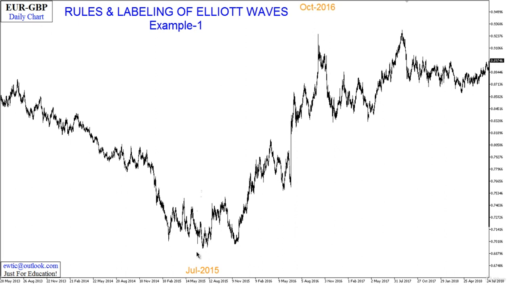You can see this trend from this low formed in July 2015 to this high formed in October 2016. We have an impulse wave here. From this bottom we have an up move, a down move, then an up move, then a down move, then another small up move, a down move, an up move, a down move, and a final up move.